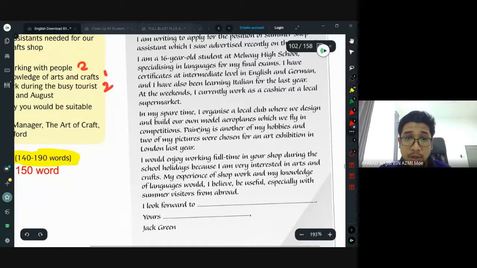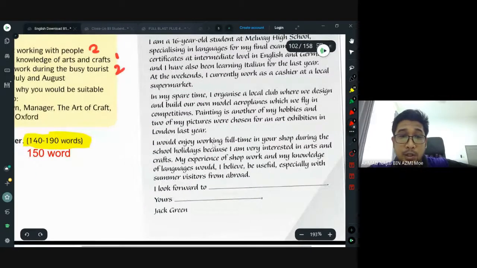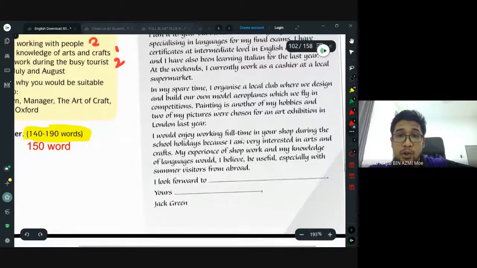Where are we? Kat mana kita baca tadi? Dah habis kan ni? Rasanya. Painting is another one of my hobbies and 2 of my pictures were chosen for an art exhibition in London last year. I would enjoy working full-time in your shop during the school holidays because I am very interested in arts and craft. My experience of shop work and my knowledge of language would, I believe, be useful especially with summer visitors from abroad.